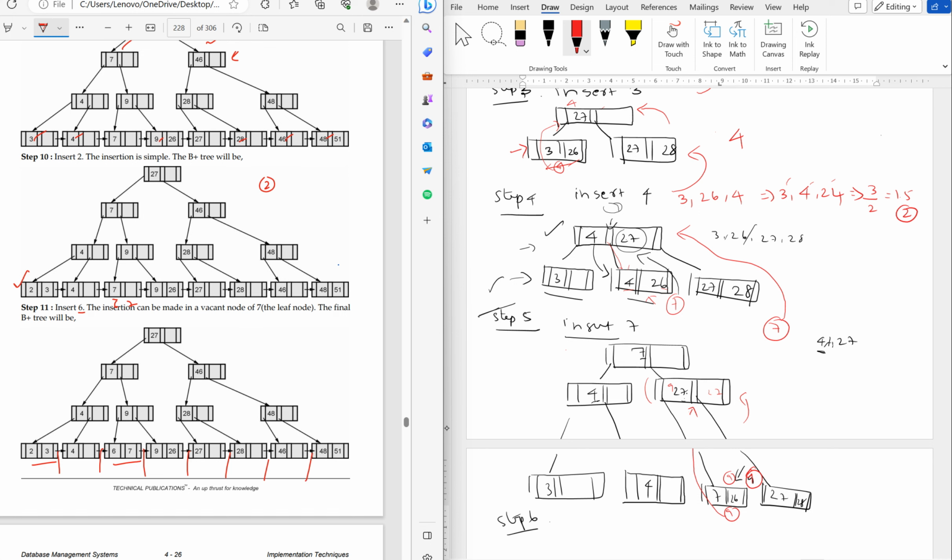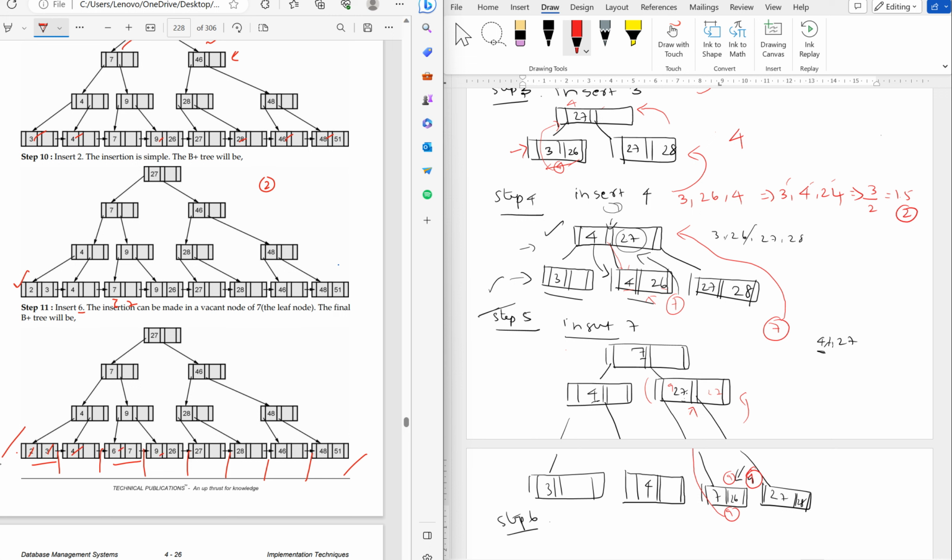The purpose of using this pointer is, for example, if I want to retrieve all the elements that are inserted in the tree, there is no struggle to retrieve those. You can just go to the leaf node and start from the first element. First you will take 2 and then come to 3, and the 3 has the address, or it points to the next element, that is 4, and then 6, 7.